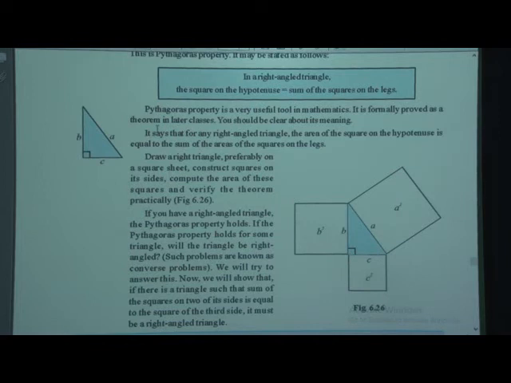It is very useful, so we consider it a theorem. In the later classes also you have to study this. You should be clear about its meaning.